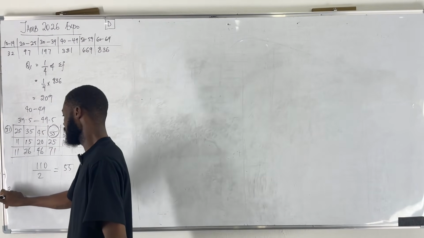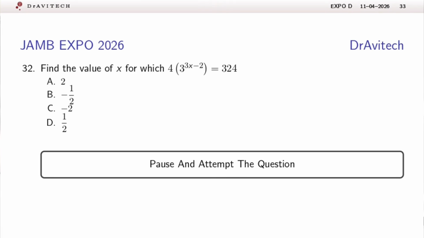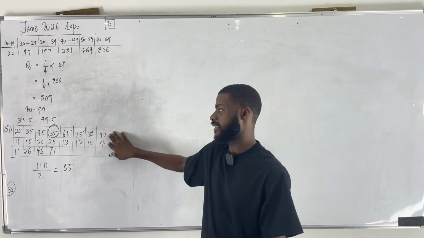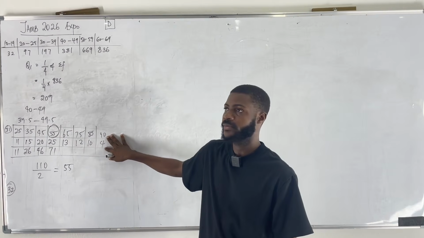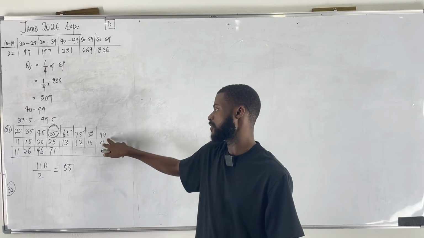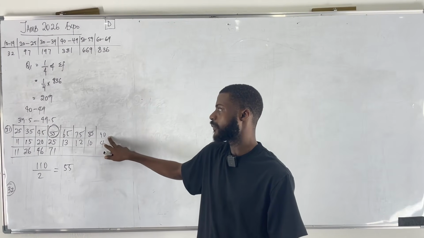The next one is question 32. So 32 says, find the value of x for which 4 bracket 3 to the power of 3x minus 2 is equal to 324. Now, I've solved something like this in the previous ones, because they can repeat something like this.